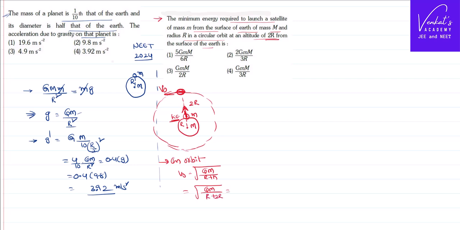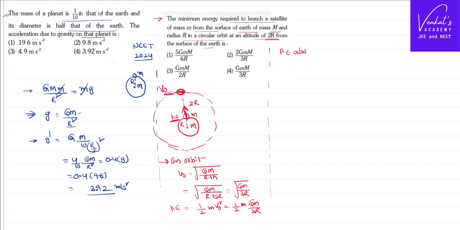So this is root GM by 3R, the orbital velocity. So it has a kinetic energy because it's orbiting: half m v orbital velocity square. That is half m GM by 3R.